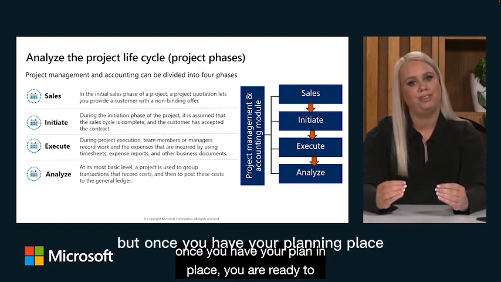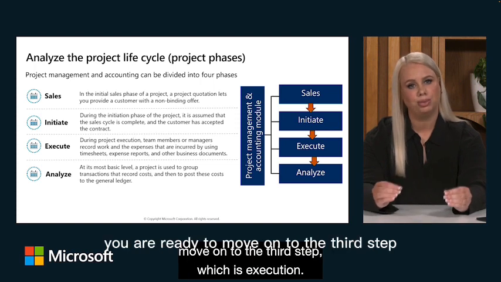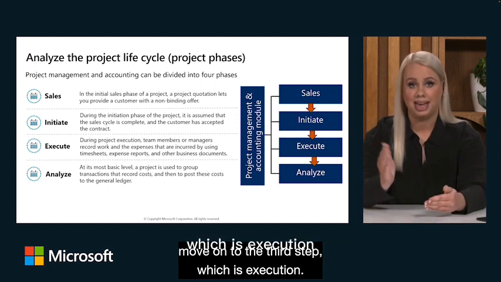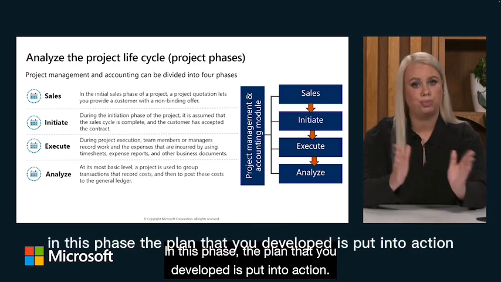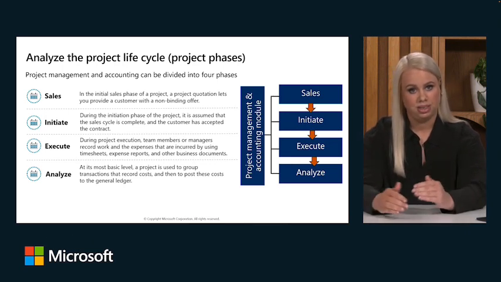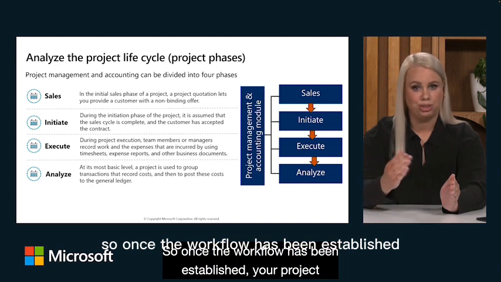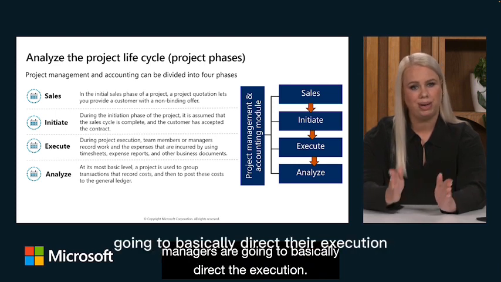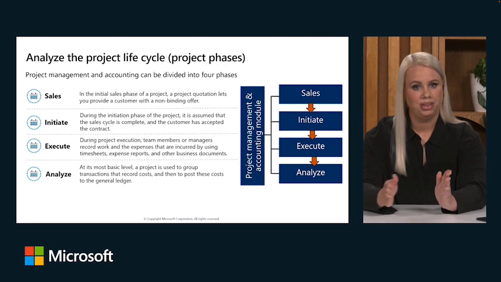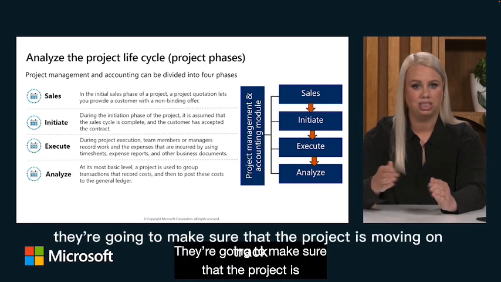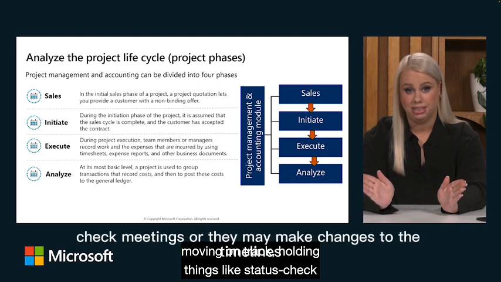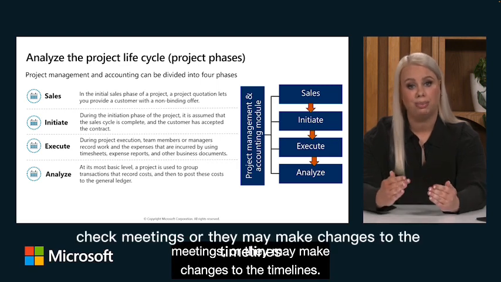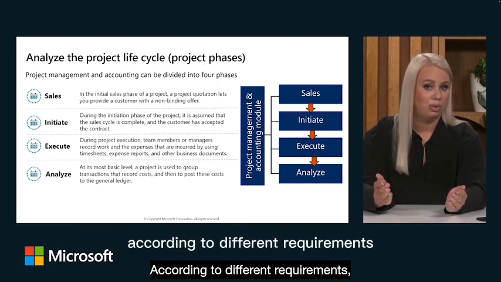But once you have your plan in place, you are ready to move on to the third step, which is execution. In this phase, the plan that you developed is put into action. So once the workflow has been established, your project managers are going to basically direct the execution. They're going to make sure that the project is moving on track, holding things like status check meetings, or they may make changes to the timelines according to different requirements.